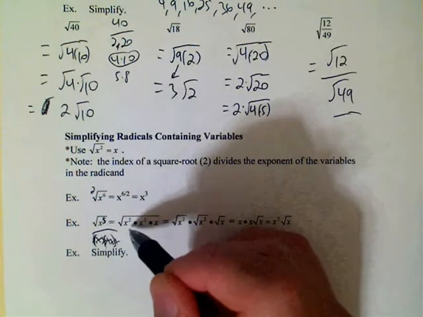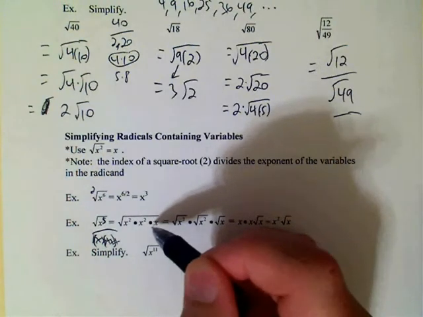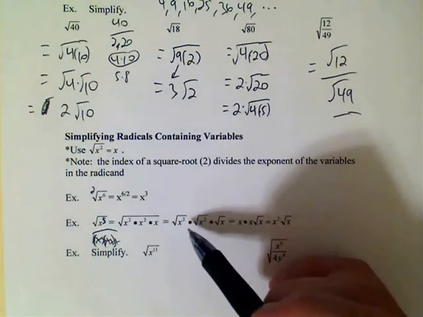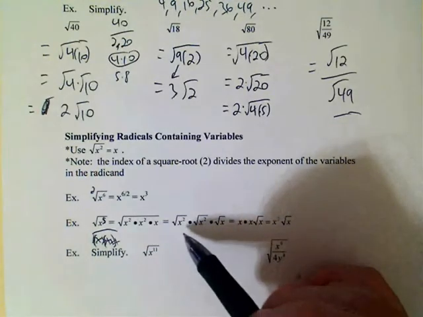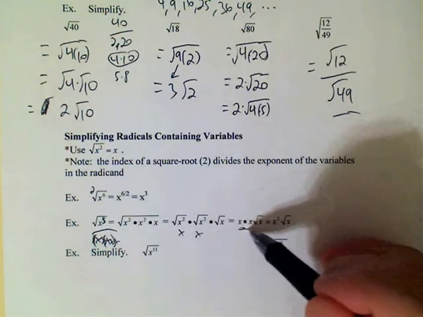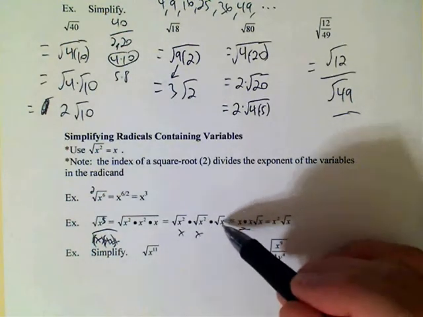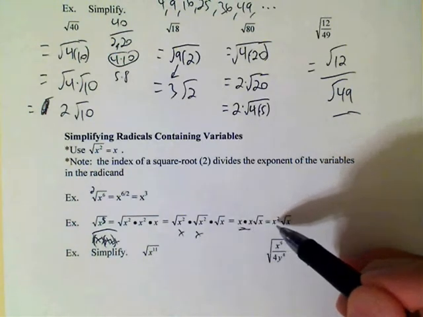That's how we get the x squared times x squared, and then an additional x left over. And then we can separate those each with their own x squares. And then keep in mind, square root of x squared is x, and that's where those come from. That x can't come out, it stays. And then we just multiply what's on the outside. X times x is x squared, with that x remaining on the inside.